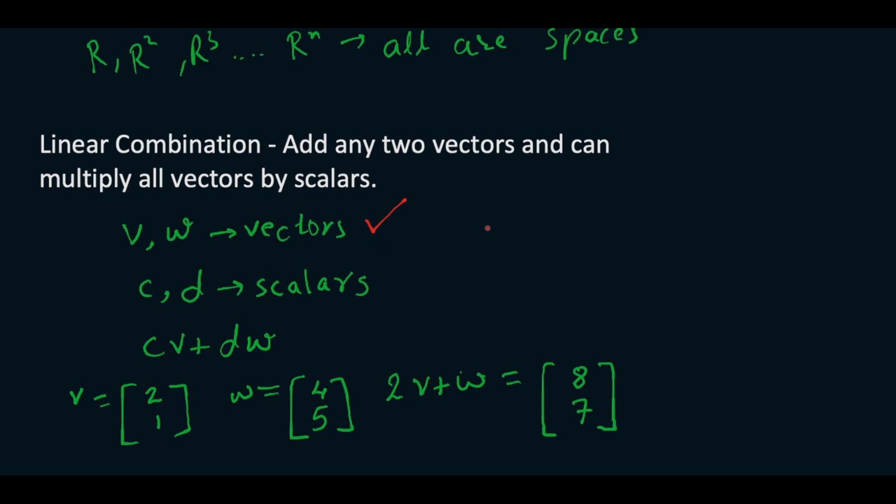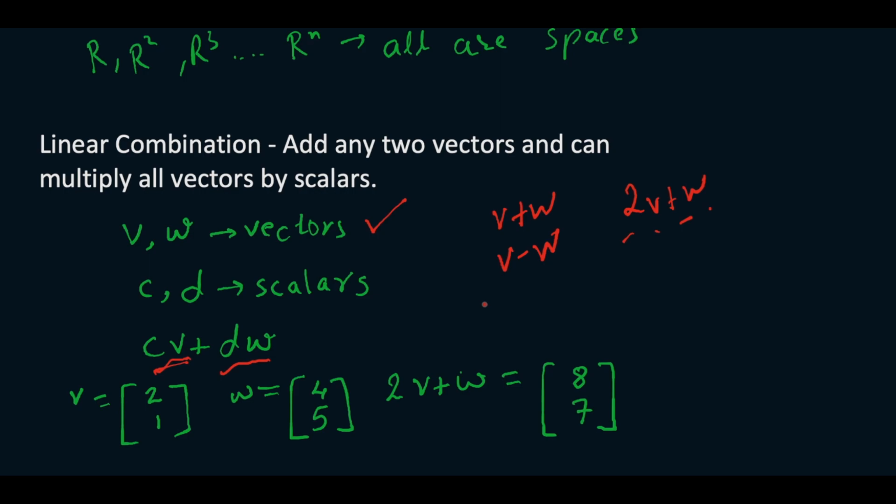Now we can have the linear combination as v plus w or v minus w or 2v plus w, that is some scalar will be the coefficient of v and w. So let us consider scalars as c and d. So we can write the linear combination as cv plus d times w. So this is the linear combination of two vectors.